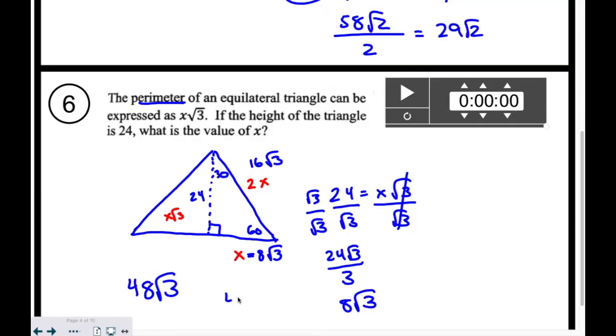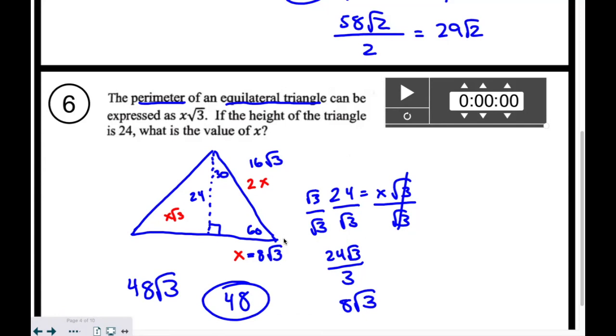So the answer to the question is 48. Or you just realize in the beginning that 6 of these lengths make up the whole perimeter, and 6 times 8 is 48. However you want to get it from there, the thing you have to realize is anytime you see an equilateral triangle on the SAT, it's going to be a 30, 60, 90 type of problem.